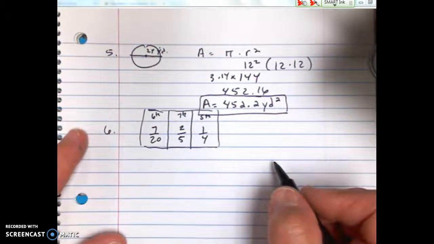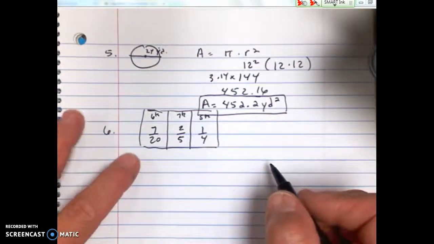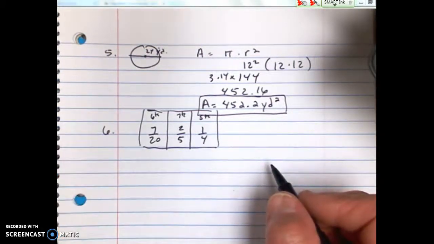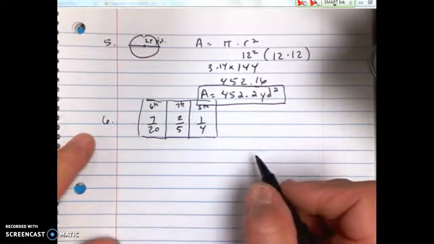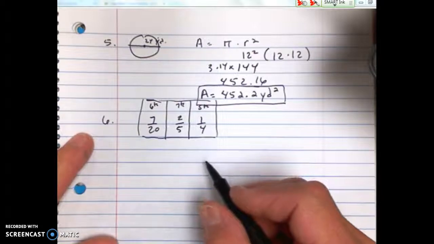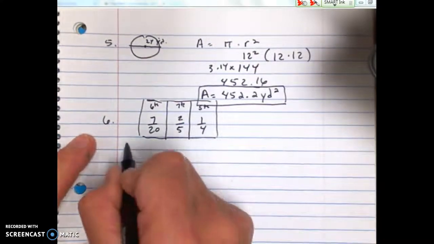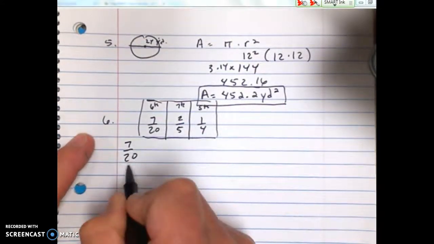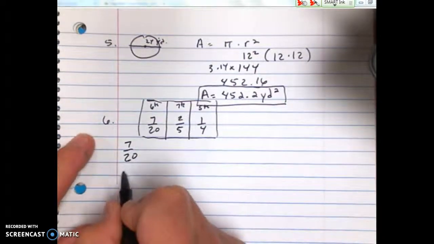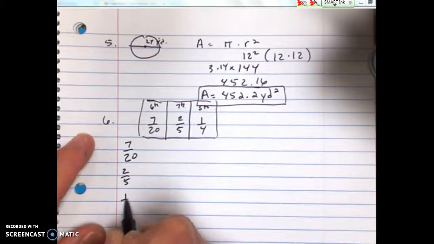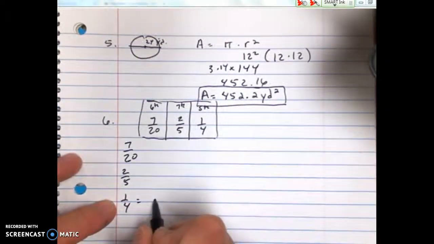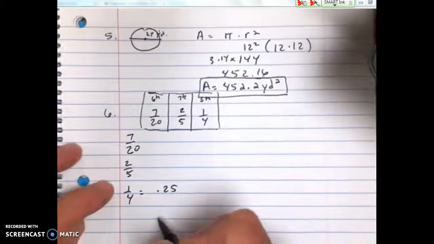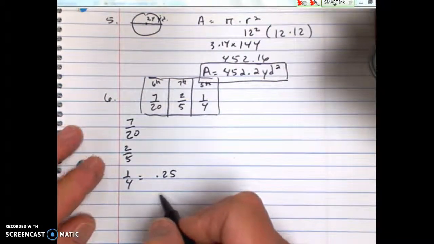So first of all, we have them all in fractions, so we're going to put our data into decimal numbers. I'm going to put my data right straight across, so 7/20 and 2/5 and 1/4. Well, 1/4, I know that that's 0.25. 1/4 is like a quarter, 25 cents.